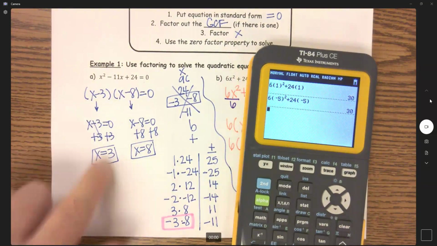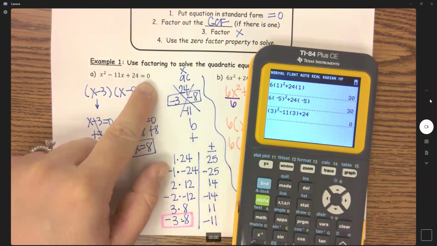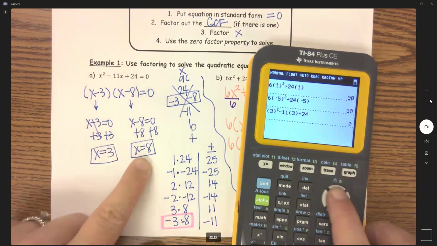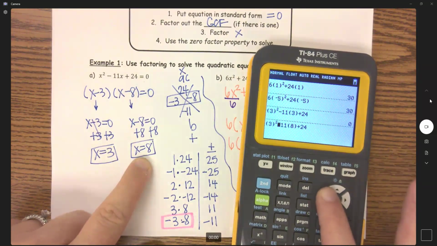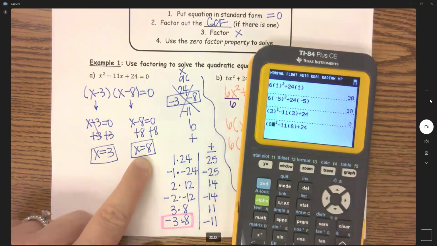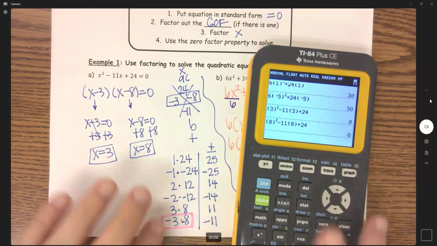If I plug in 3 to both of these x's, we would have 3 squared minus 11 times 3 plus 24, and we got 0, which is what this equation here equaled. Now, if I plug in an 8, we get 0. So you can plug these in and check your answers.